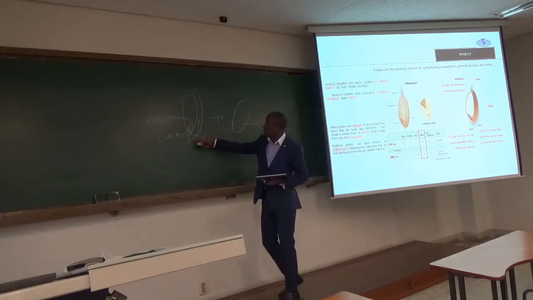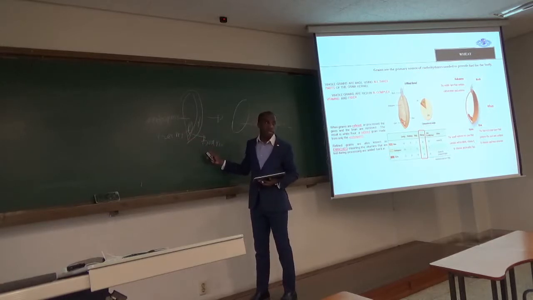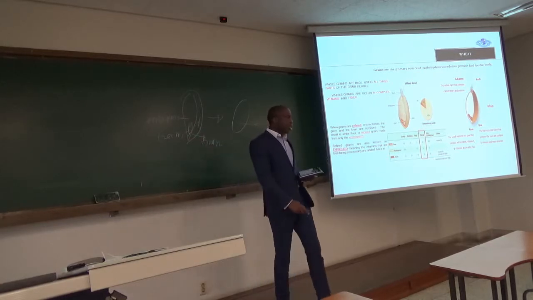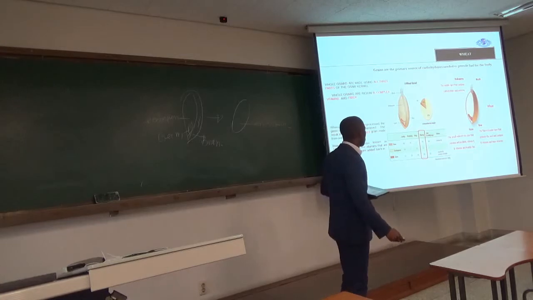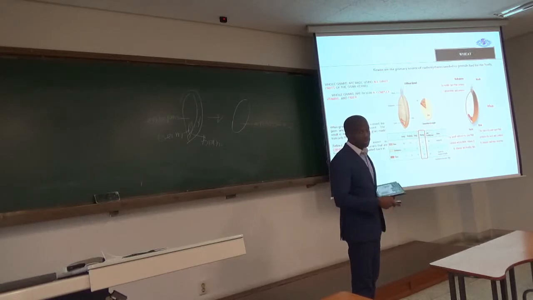I gave you these 3 parts here: the endosperm, the germ, and the bran. I already highlighted them. We have the carbs per gram, the protein, the fat, the fiber, the iron, and other things such as vitamins.